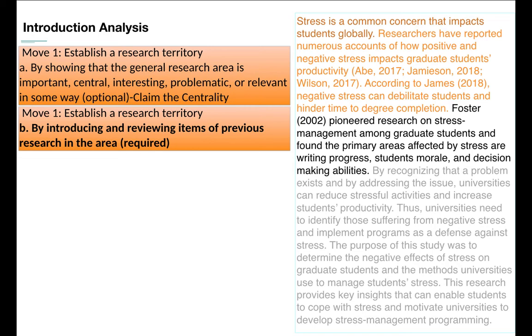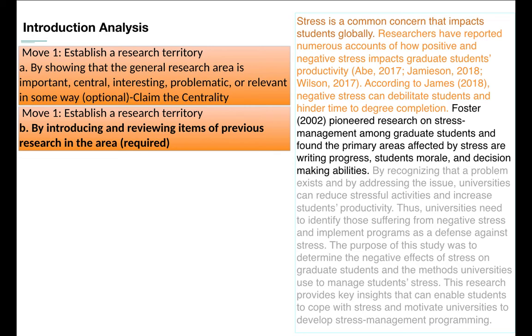Still Move 1, establishing a research territory, but it introduces and reviews items of previous research in this area. So we see for Move 1, Step A is optional. It depends on your field. And Step B is required. You must know the previous research in your field very well.